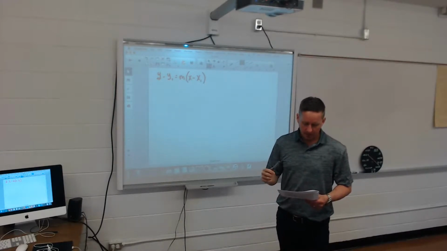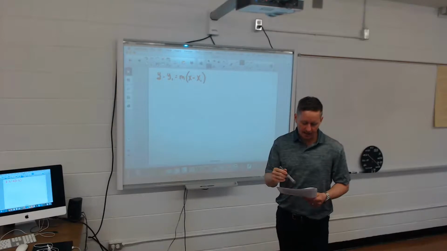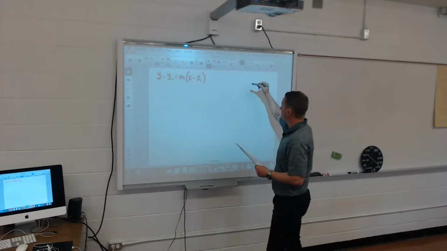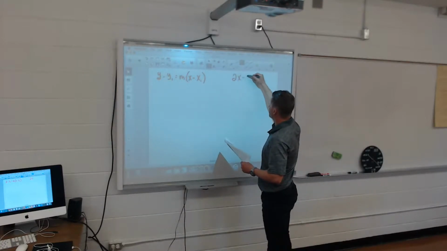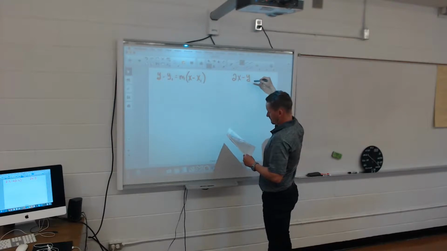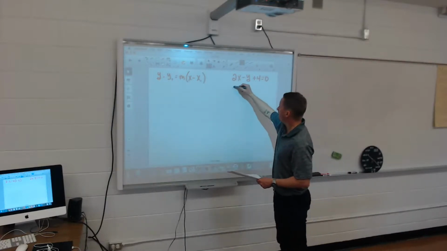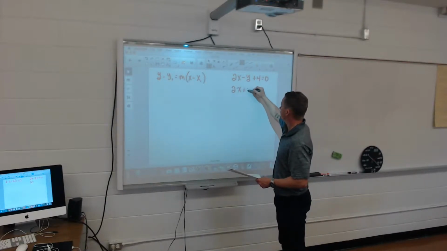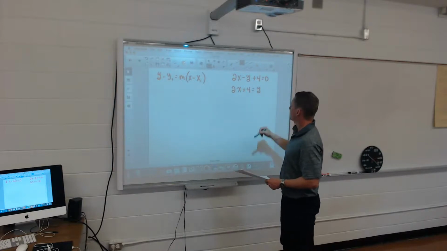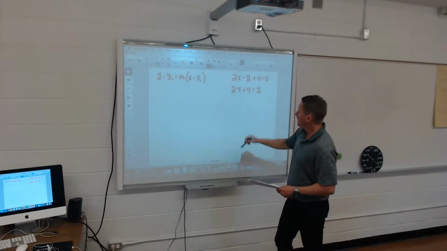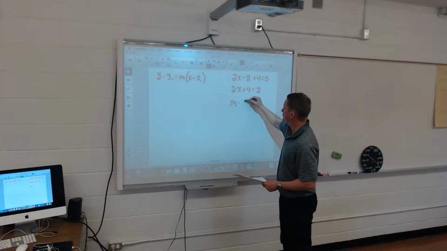Now what I need to do is find the perpendicular slope to this line right here. So again, I just simply add y like that. That means that my slope is 2 over 1.